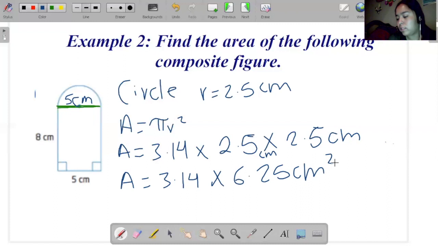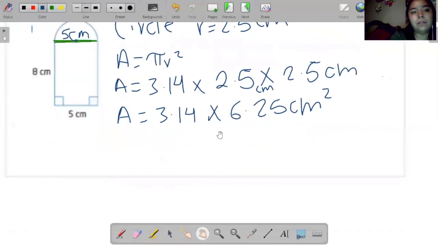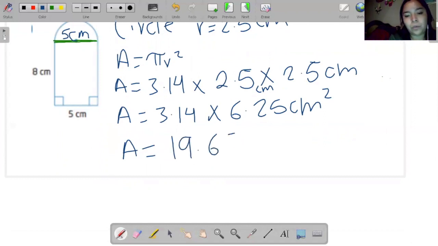Then 3.14 times 6.25 is equal to 19.63 centimeters squared. But this is the area of the whole circle, and we only want half, because we're only given half of a circle here.